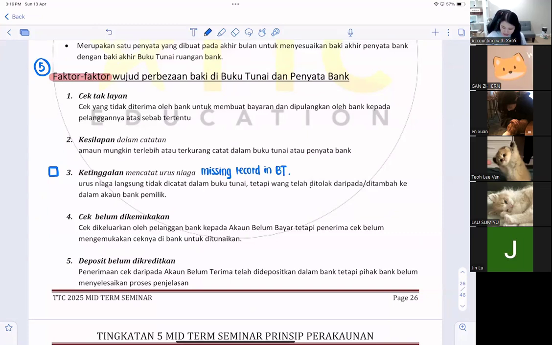Now it has already been ditolak ataupun ditambah ke account bank. So in this one, no matter which method you are doing, be it buku tunai to penyata bank or penyata bank to buku tunai, remember that you will never see any numbers inside your buku tunai. It will always be 0.